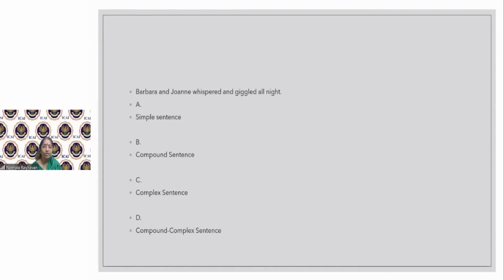Barbara and Joan whispered and giggled all night. You have to find the right sentence. I see all your answers. Venkatalakshmi, you cannot have the same sentence for both compound and complex. Okay. Now you answer this. Barbara and Joan whispered and giggled all night. Post your answer here.